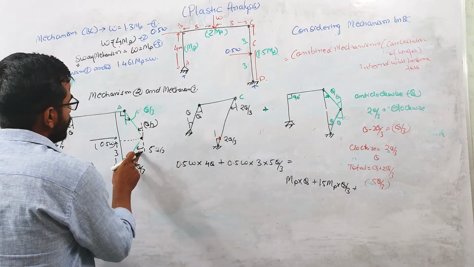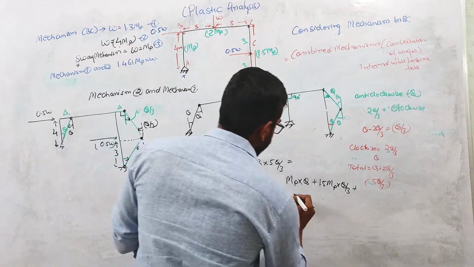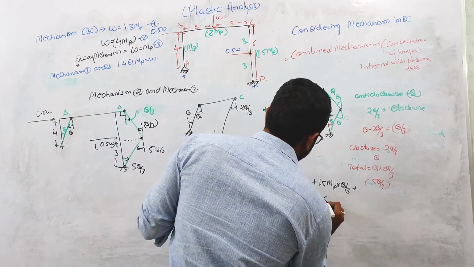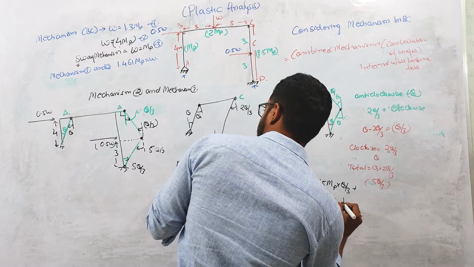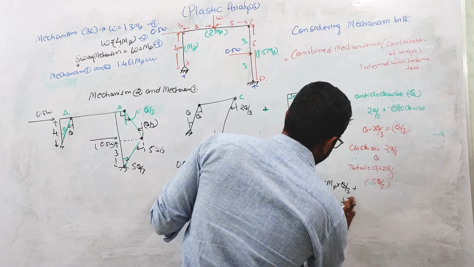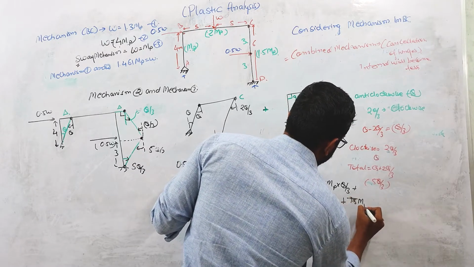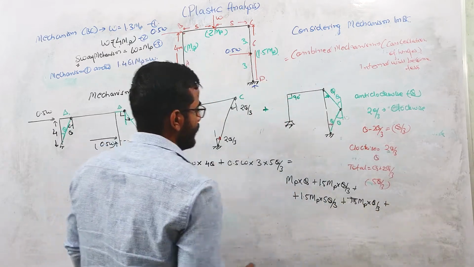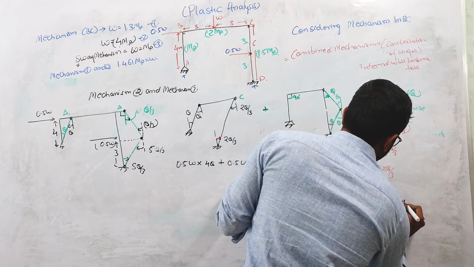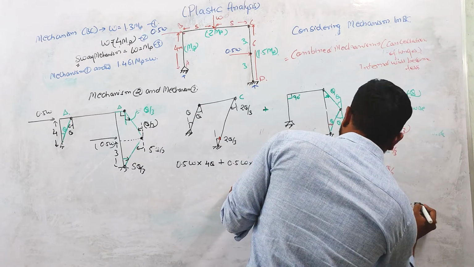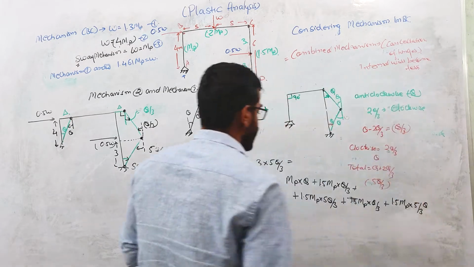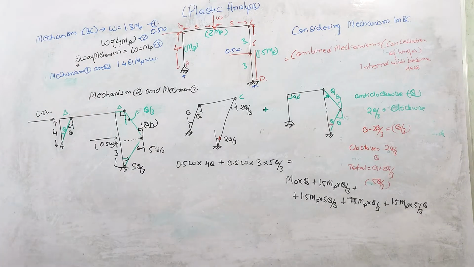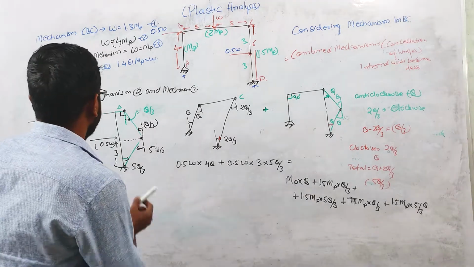Plus at this point the virtual work done will be 1.5 MP into 5 theta by 3 plus 1.5 MP into theta by 3. And again plus at this point it will be 1.5 MP into 5 by 3 theta. Okay, this is the value of internal virtual work done. You need to carefully understand this. This is a very important thing.